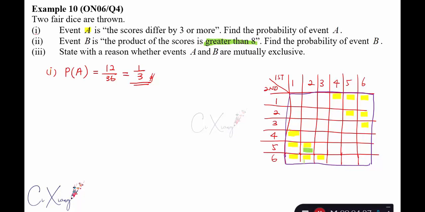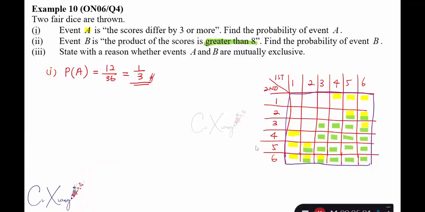Please also check cell by cell and see how many of them fulfill event B. You will see that quite a lot of cells belong to event B.